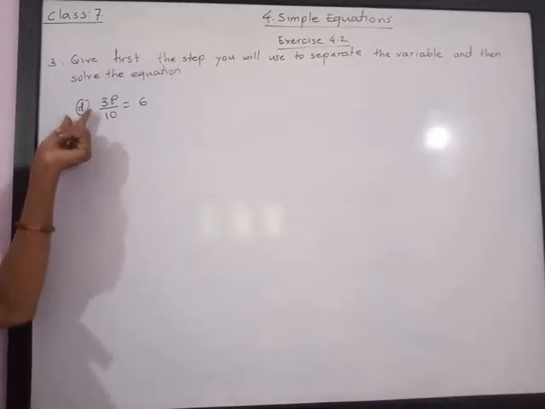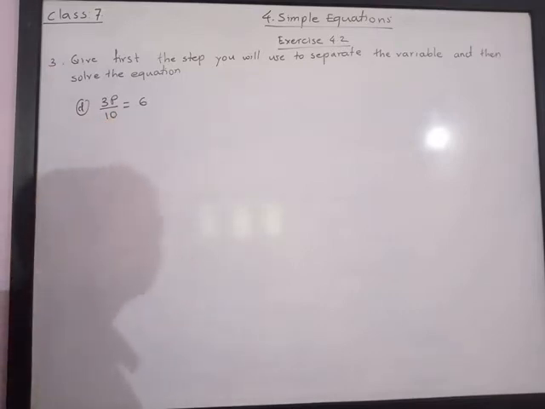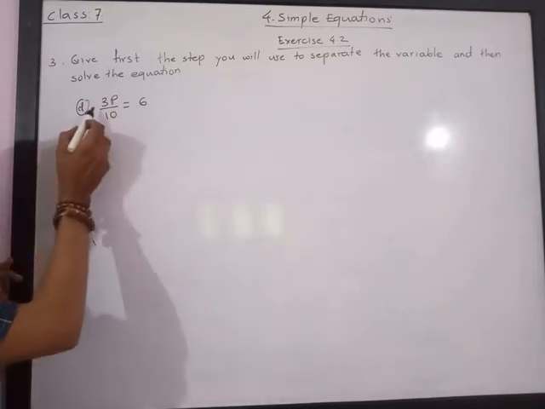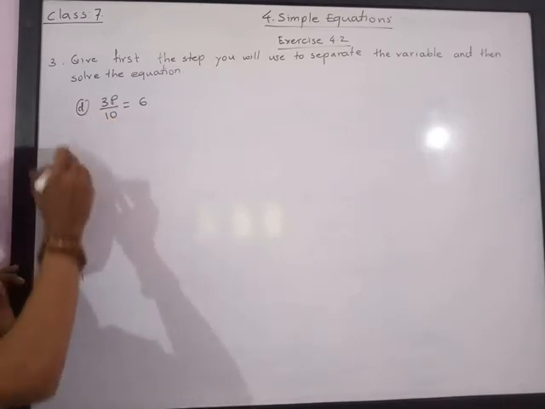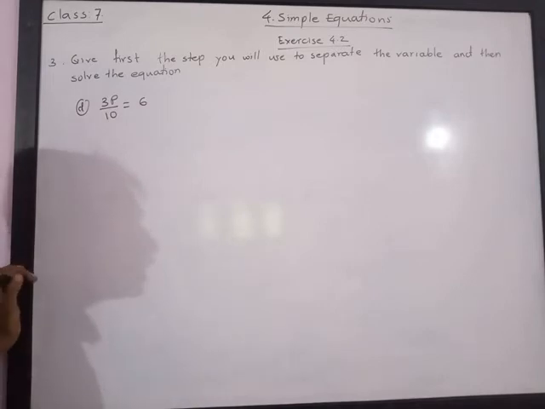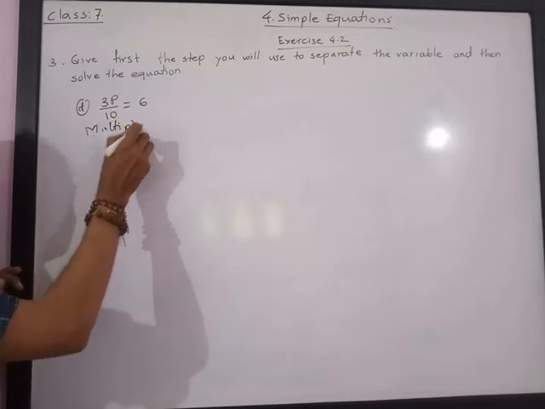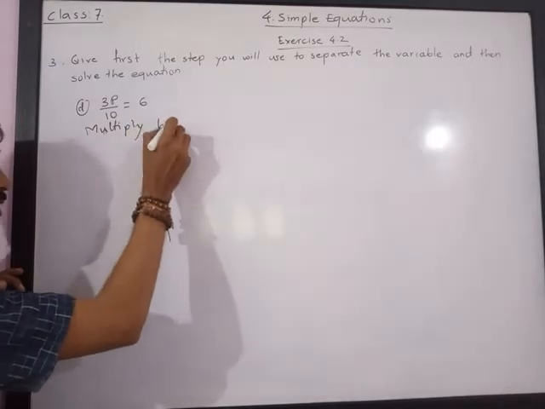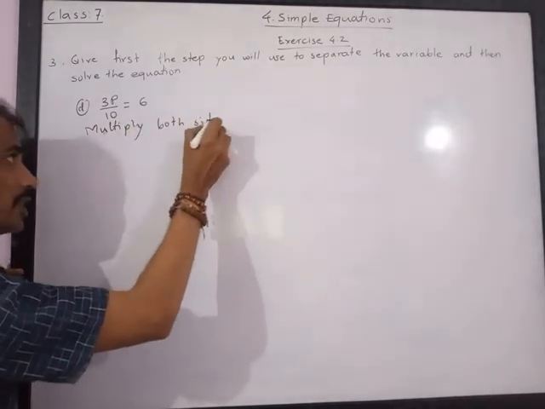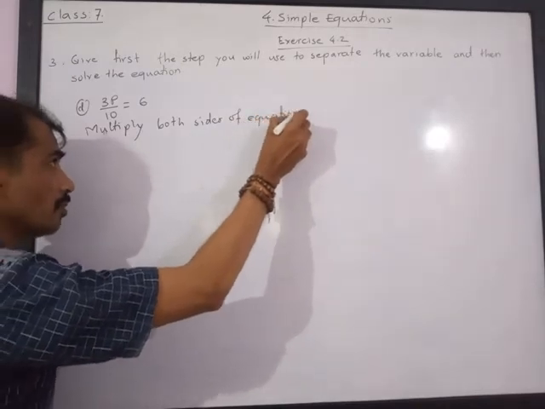Next and last question of the third question is 3p upon 10 is equal to 6. Now we have to eliminate 3 also and we have to eliminate 10 also. We will eliminate the denominator first. So in order to eliminate 10, we multiply both sides of the equation by 10.